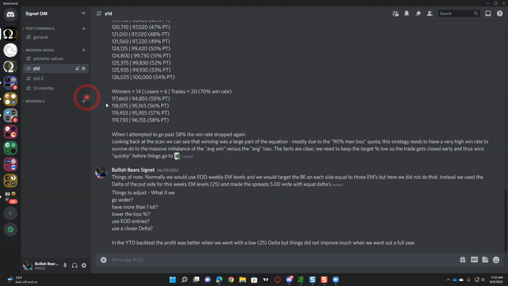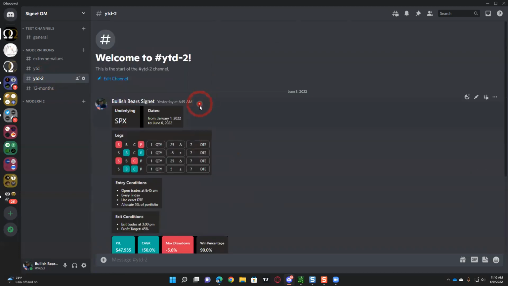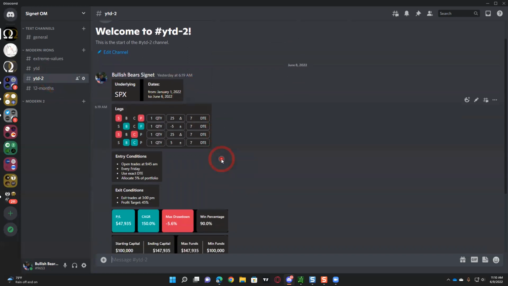All right. Now, all of this has been year-to-date values, but what if we actually did run a 12-month back test? I'm going to point out that for this one, this is just year-to-date yet, but I've adjusted some of those things that we had talked about. So we're looking at getting in at 9:45 in the morning. We're doing it every Friday.